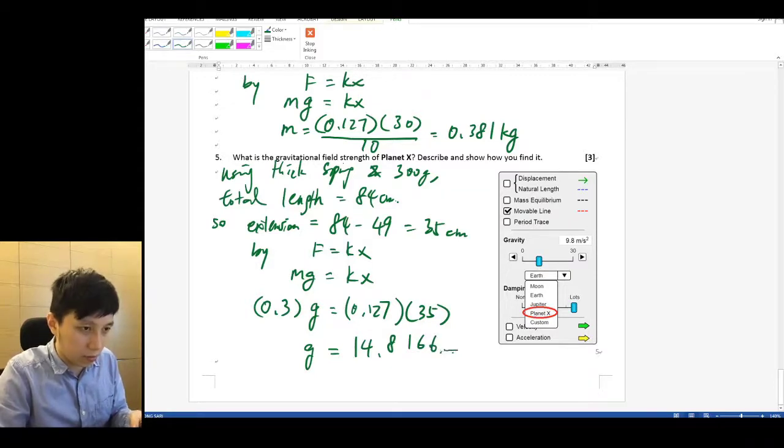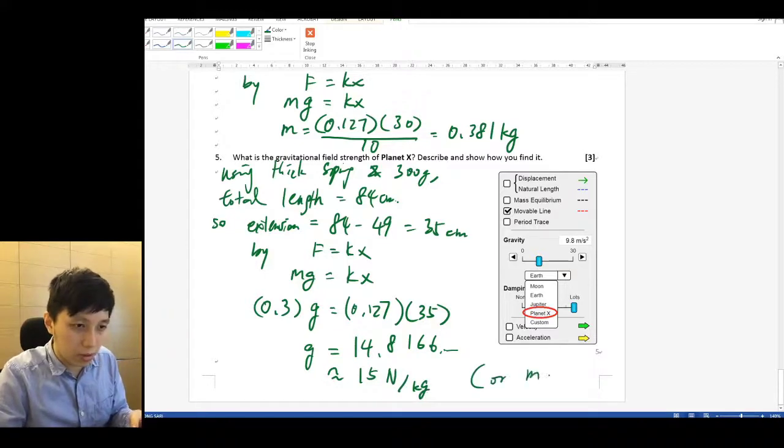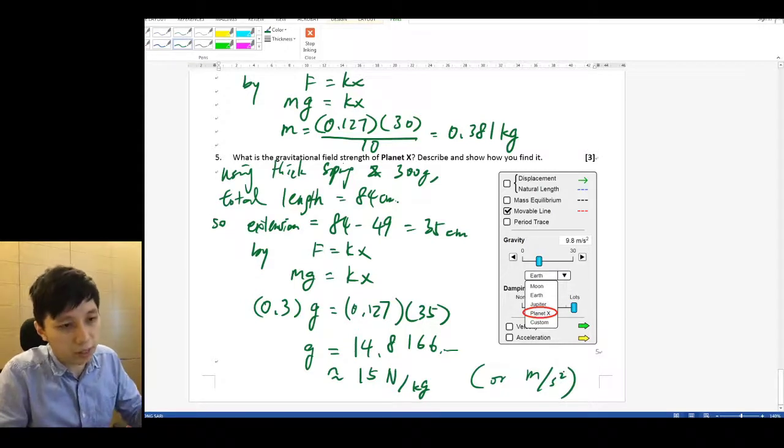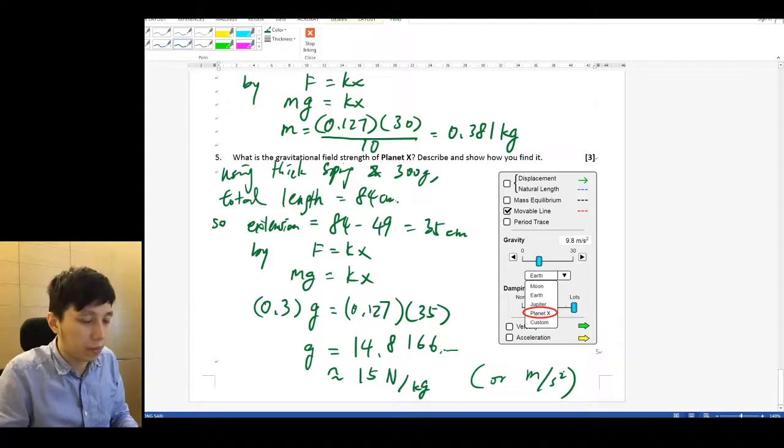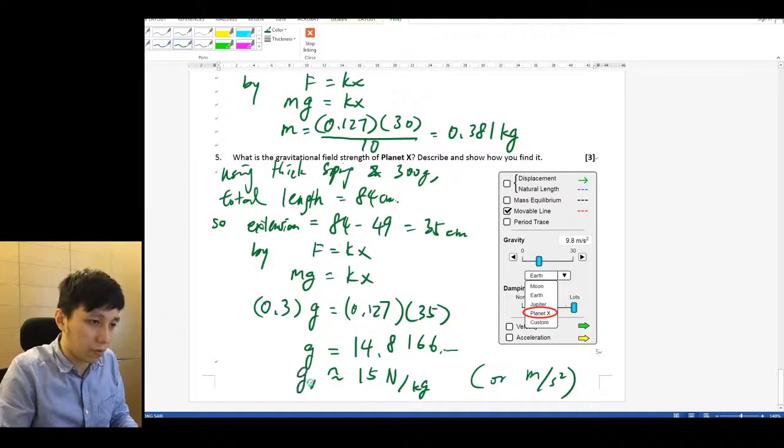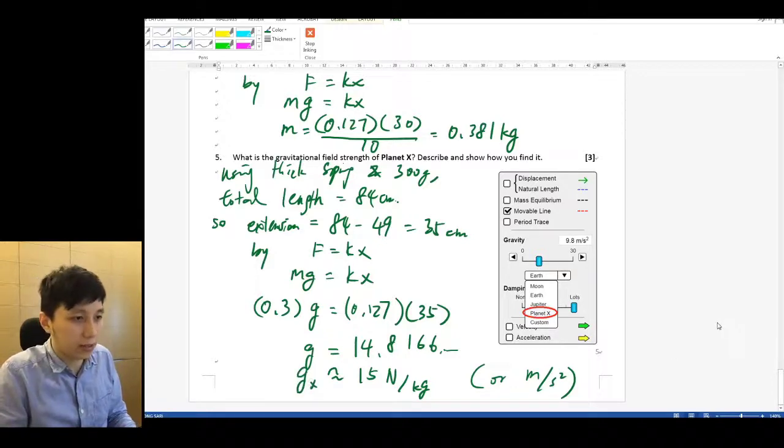Okay, so roughly I'll take 2 sig figs, so 15 Newton per kg, or you can use the unit for gravitational acceleration, meter per second square. They are both the same. So this is the g for planet X.